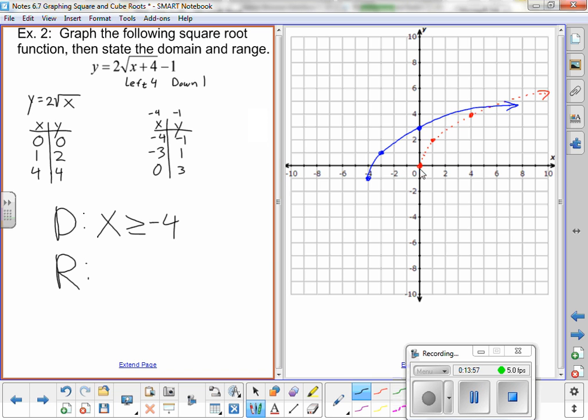So it's going to go to infinity. So your range starts at -1, and then it goes up forever. So my range are all my y values. Keep in mind, because this is y equals, my y values that are greater than or equal to -1. So that's your domain and your range part.